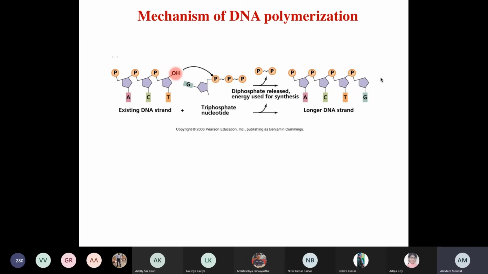As you can see, it will get incorporated, but then there will be no 3' OH. So the chain will be terminating. Whatever chain reaction is going on during the DNA synthesis process will get terminated, right? So utilizing this principle, you can actually sequence the DNA. How are you going to do that?